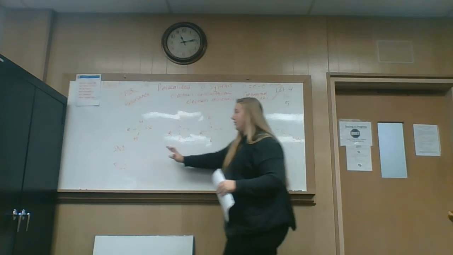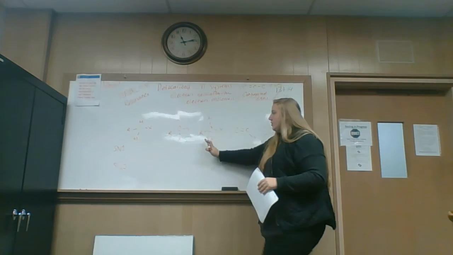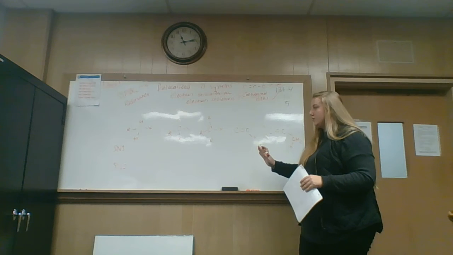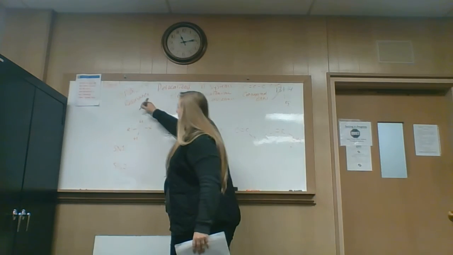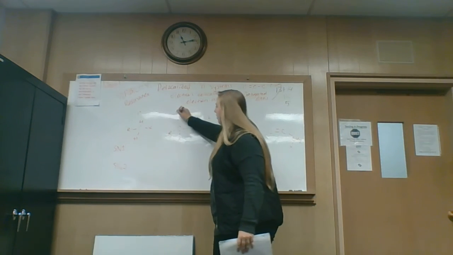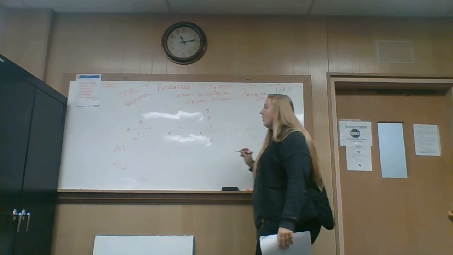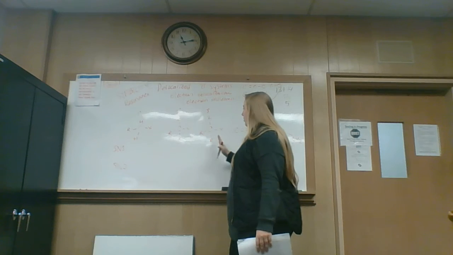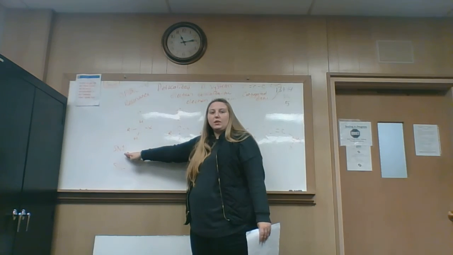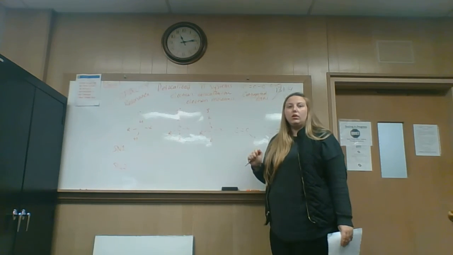Okay, so we have varying classifications of alkyl halides. So this would be a primary alkyl halide, secondary, and tertiary. Now which one of these would react the fastest in an SN1 reaction? Tertiary.